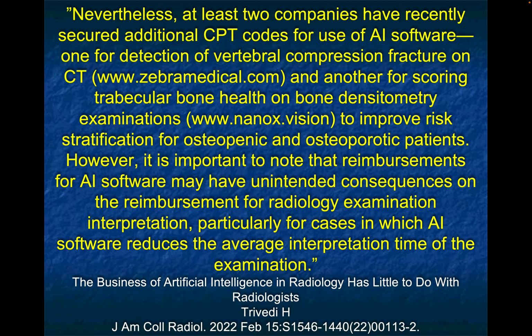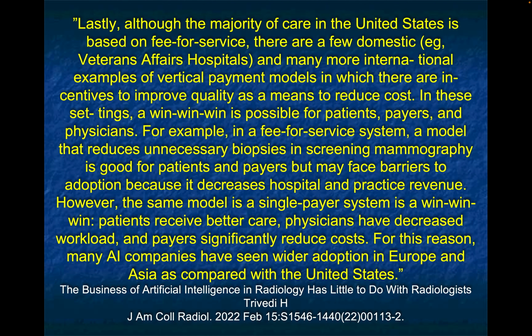Now, whether CPT codes come along, whatever happens, again, it's going to be very important what the advantages of AI are. We know AI is going to be very advantageous, but where is the advantage? Who's going to benefit? And that's going to be very important to determine who is willing to pay for things. And so again, the majority of care in the U.S. is based on fee-for-service.